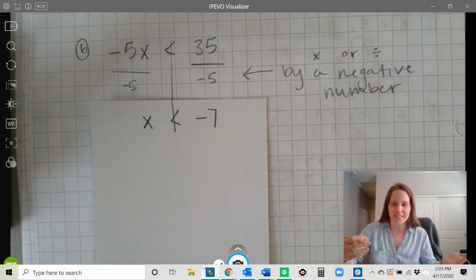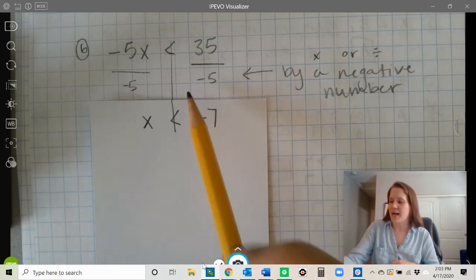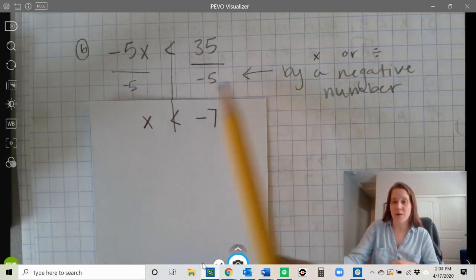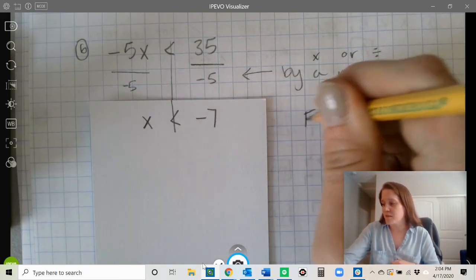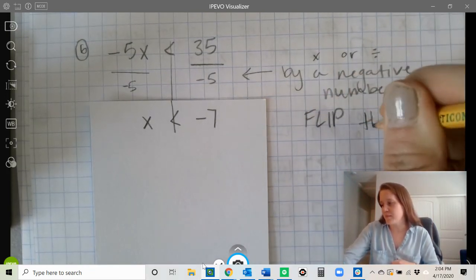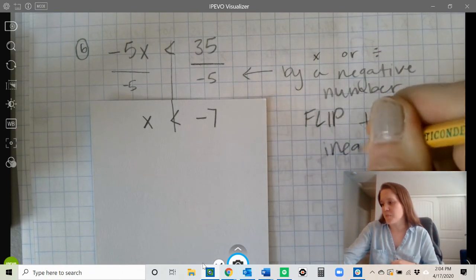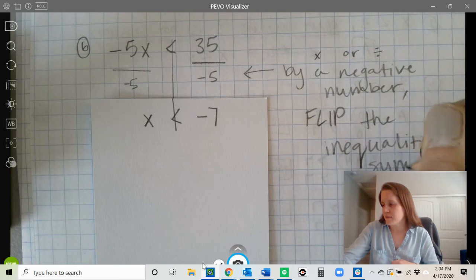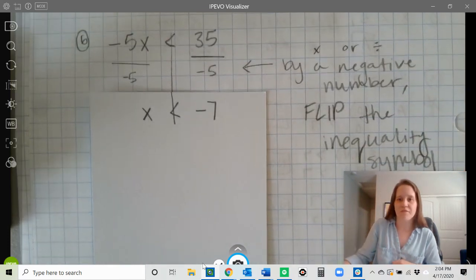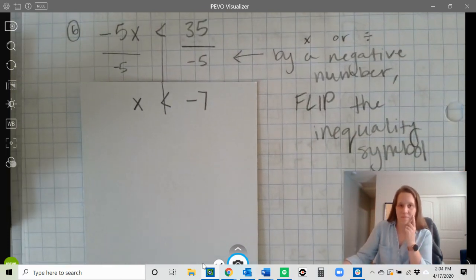We talked about why this is true in class this year. When we're solving an inequality and we multiply or divide by a negative number, we have to flip the inequality symbol. Okay, can you jot that on your notes, please? We have to flip the inequality symbol.